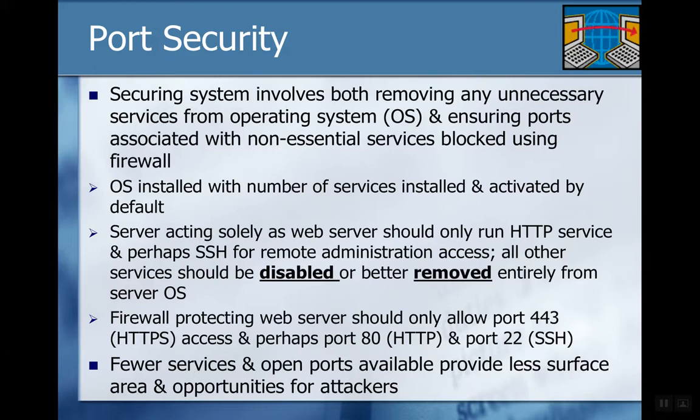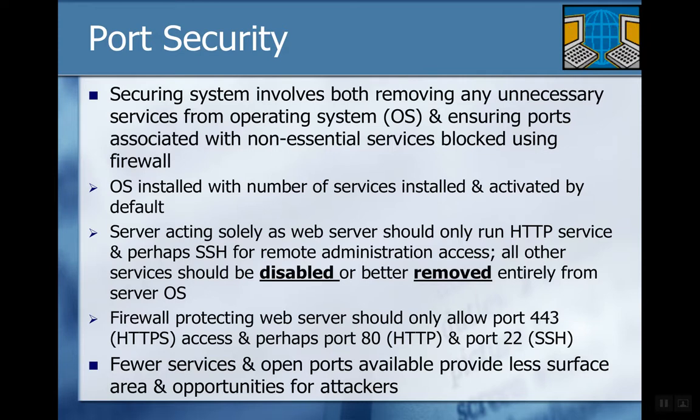One of the challenges is that by default, most operating systems activate everything. Everything is enabled by default. So it's like the idea of a whitelist versus a blacklist. You want to move to an environment where, instead of everything being enabled by default, nothing is enabled by default, and it has to be explicitly whitelisted.